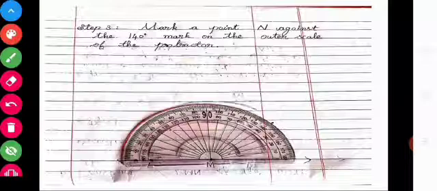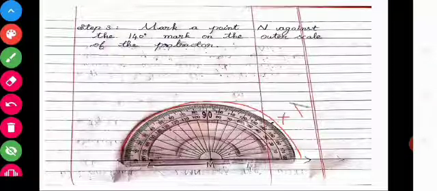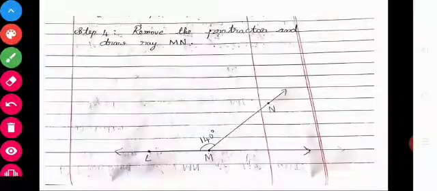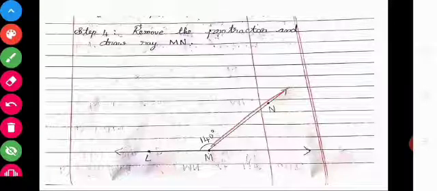This is the outer scale. Mark on this 140 degree. Where is 140 degree? It is here. So mark N on it. And then step 4. Remove the protractor and draw a ray MN. So how much degree is it? Angle LMN is 140 degree.